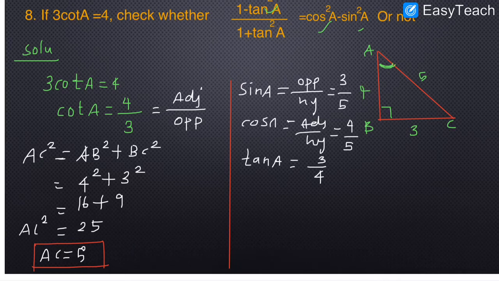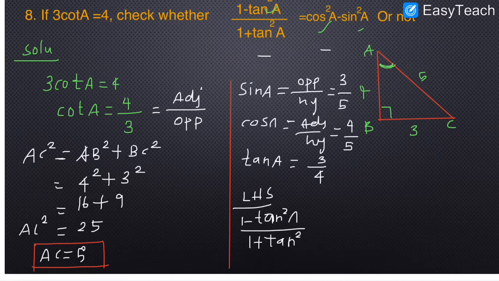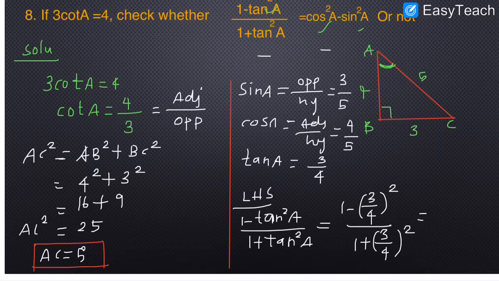Then substitute the values individually on both sides, LHS and RHS, and check whether these two are equal or not. First let me take the LHS, the left hand side, which is 1 minus tan square A by 1 plus tan square A. So 1 minus 3 by 4 the whole square by 1 plus 3 by 4 the whole square.